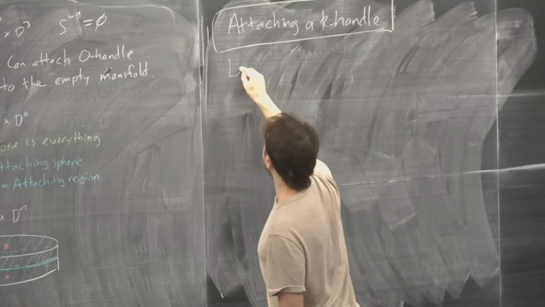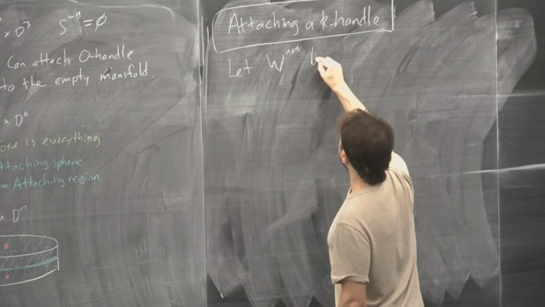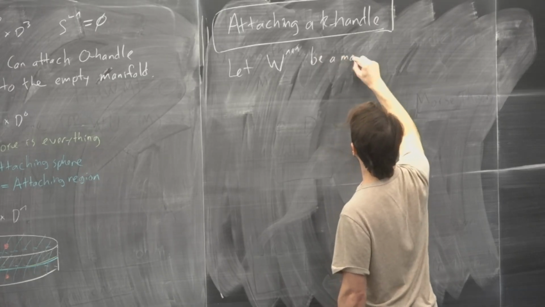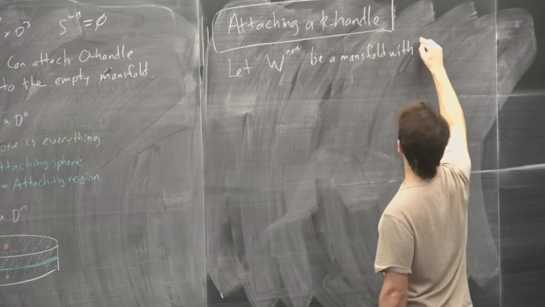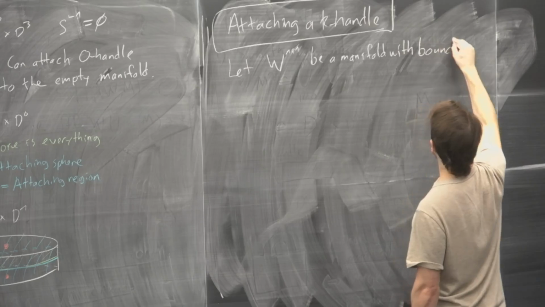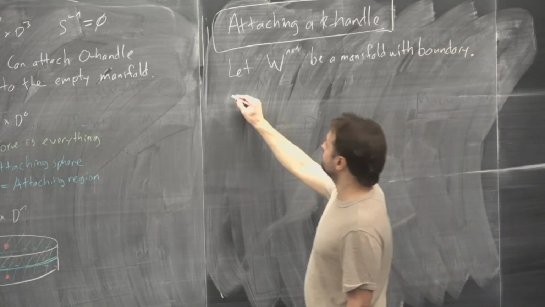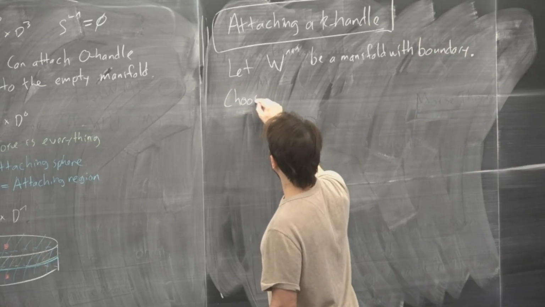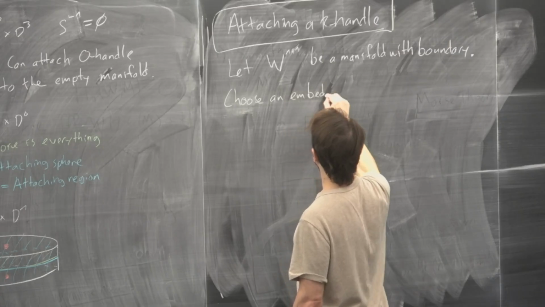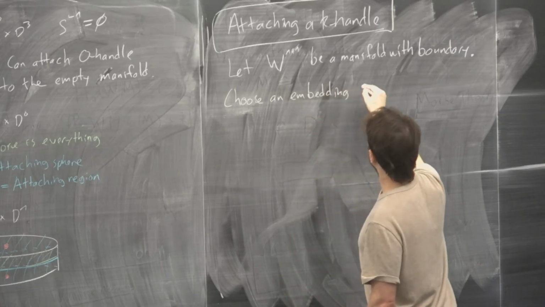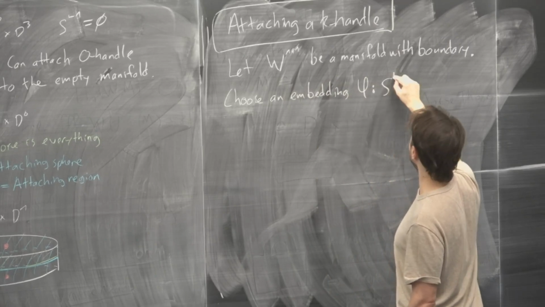So let's let W be an n plus 1 manifold with boundary. Then choose an embedding. It's going to go from the attaching region of the handle here.